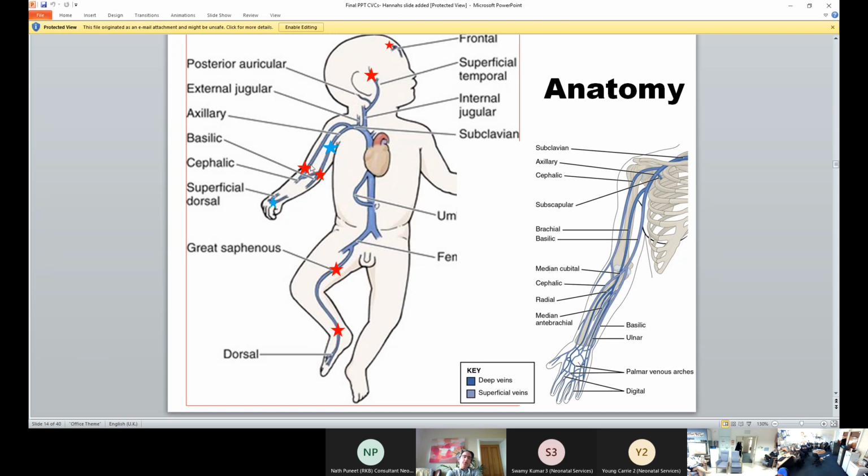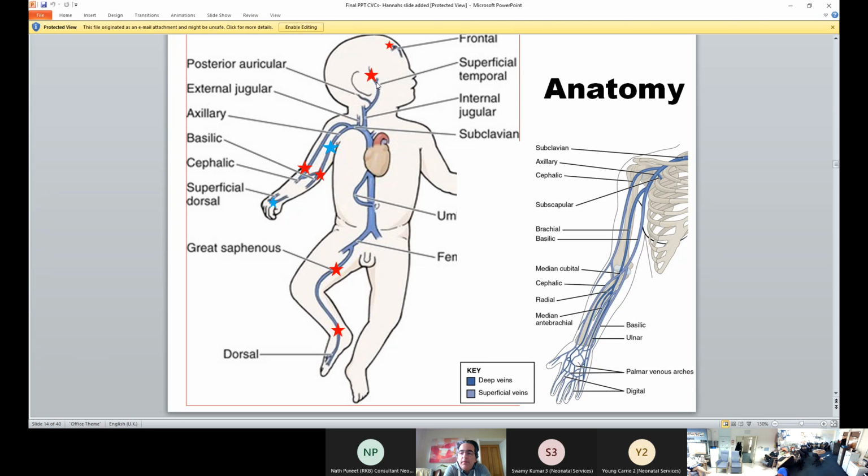If there is no chance with the limbs, you go for the scalp. So the one we use in the scalp is the superficial temporal vein. It's a good vein, it's a wide vein, superficial, easy to access, but the problem with this one, again, just in front of it, there is the temporal artery.